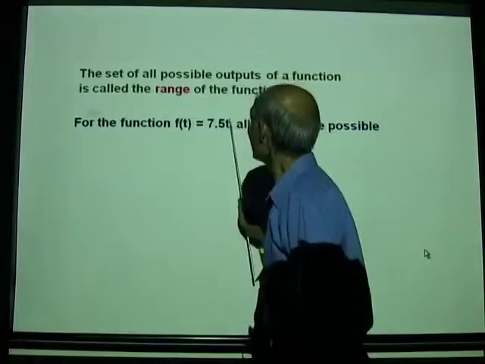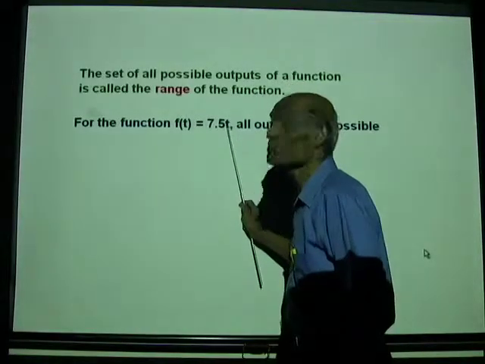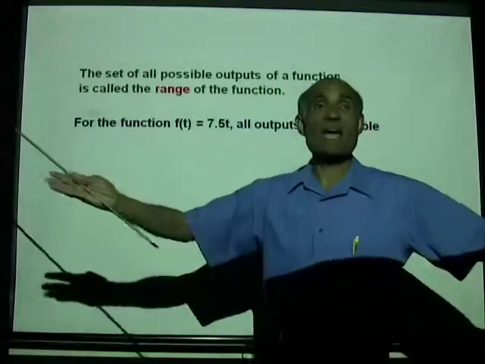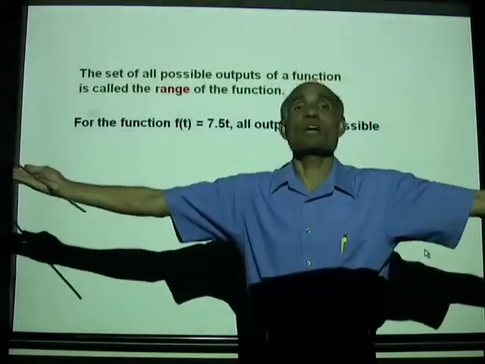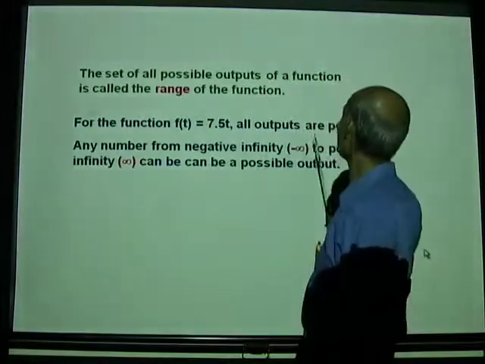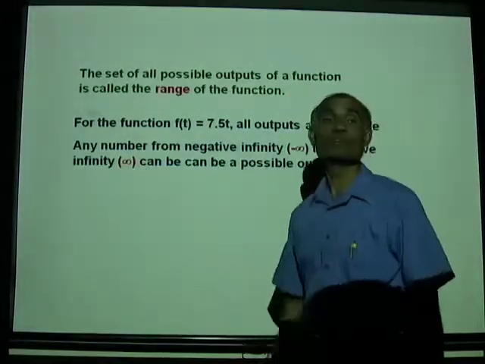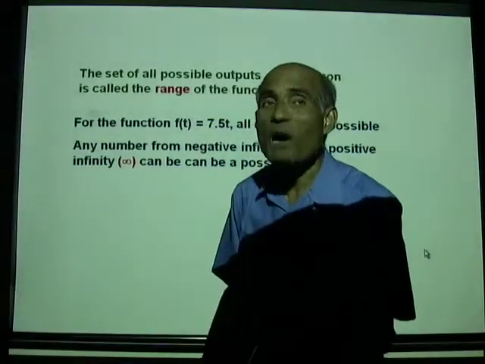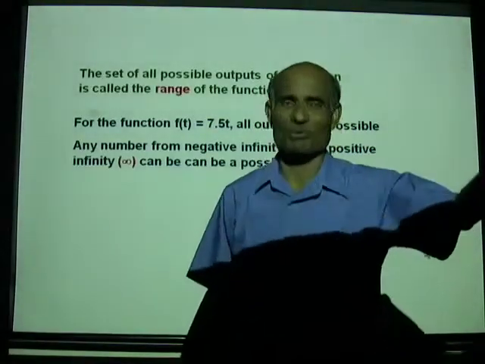Well, no matter what the input is, there is an output. And that output can be any real number. It can be any number on the number line. It can be from negative infinity to positive infinity. In other words, there is no output that is impossible.